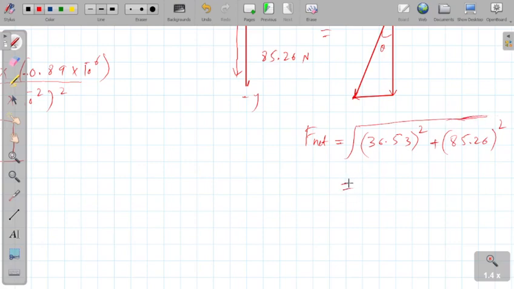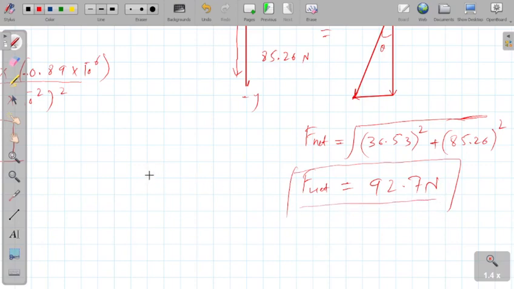After calculating this, the net force comes out to be 92.7 Newton. This is the answer for the magnitude.